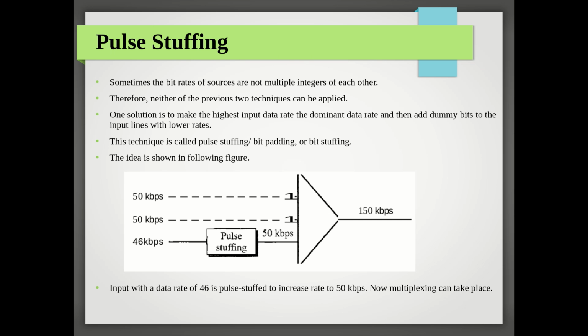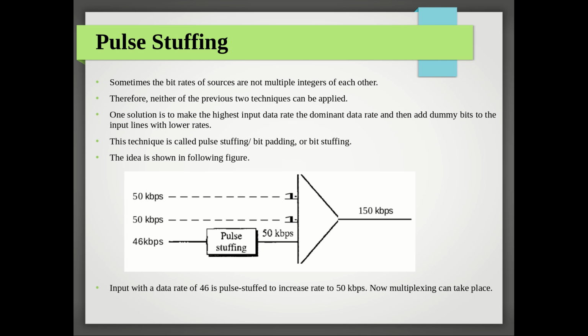So that is about the 3 techniques for handling disparity or differences in the input data rate: the multi-level multiplexing scheme, multiple slot allocation, and the third one, the more general approach, the pulse stuffing approach. But still here we have some wastage, overhead of information, but okay. So like that we have 3 techniques.